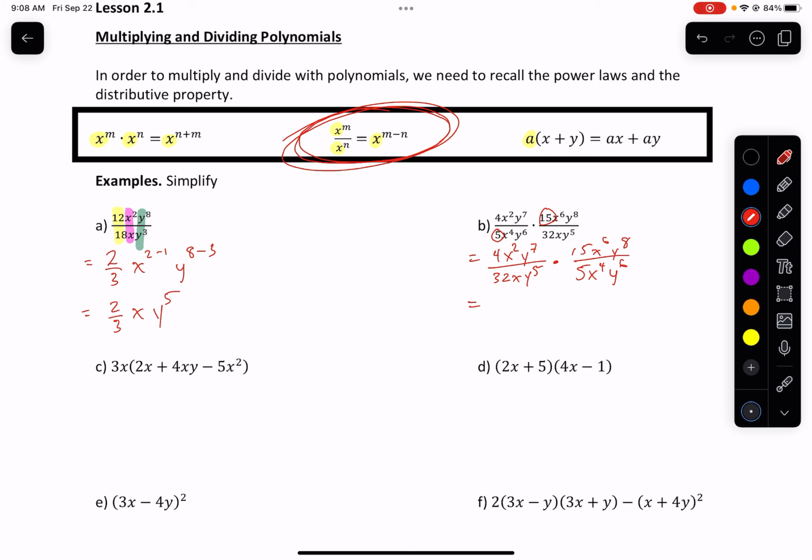They're both divisible by 4, right? So you have 1 over 8. And now I can go x squared minus 1, y 7 minus 5. And that's going to be multiplied against here. 15 divided by 5 is 3. x 6 minus 4, y 8 minus 6.